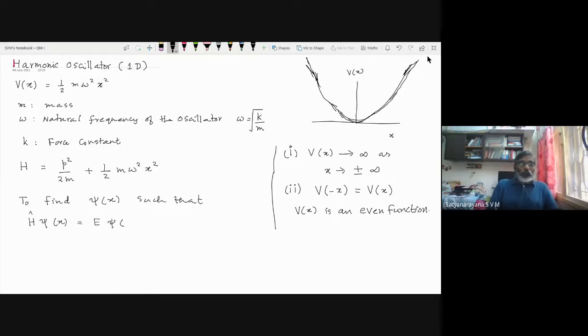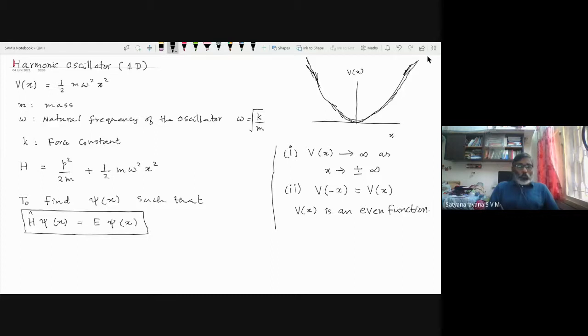In general, you may have many such functions. We do not know the nature of these energies and these functions. Are they a discrete set or a continuous set? We don't know right now, but we would like to solve this equation, H psi equal to E psi. Now H, I have put a caret on H, which means that it is now represented as a Hermitian operator.